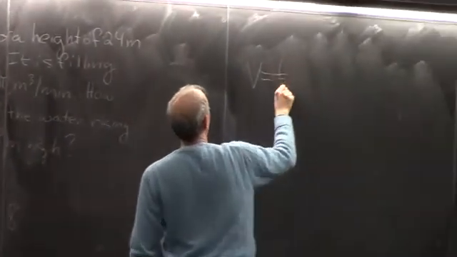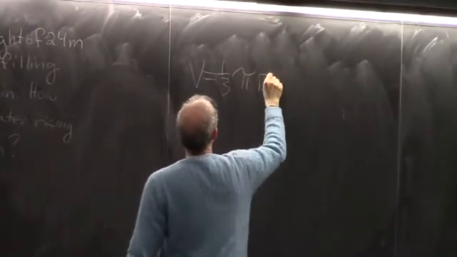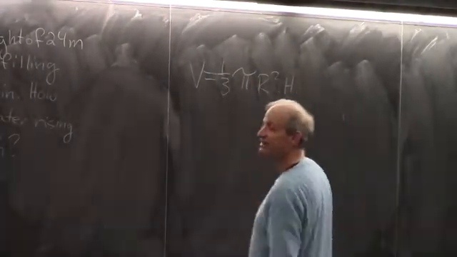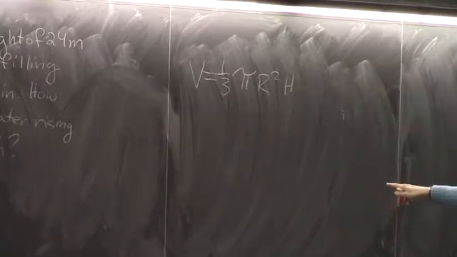Volume is 1/3 pi r squared h. Both radius and height are changing, so if I take the derivative, I'm going to get the product rule. And I'm going to have a term with dh/dt in it, and I'm going to have a term with dr/dt in it. And the problem is, I don't know what dr/dt is. I only know dV/dt. I'm only looking for dh/dt. I don't know anything about dr/dt. So how can I get around that?